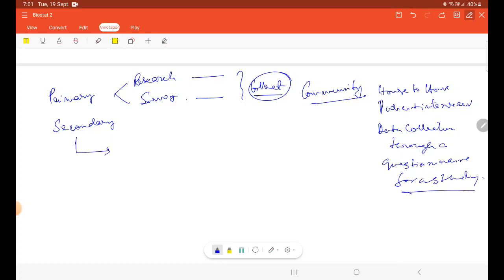What are secondary sources of data? Data is collected as a routine. So for example, in a hospital there is an outpatient register.